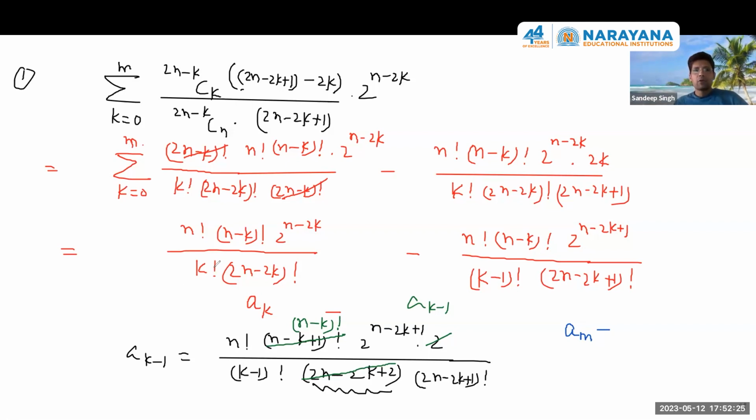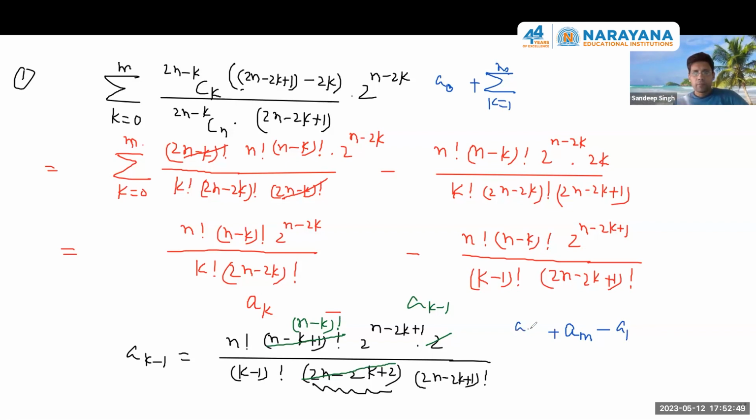And for k equal to 0, you can solve it separately. Getting the point? You should start from k equal to 1 to m, get the sum. And then a of 0, you write it separately, because here I cannot substitute k equal to 0. So that's it. So am minus a1 and plus a naught.